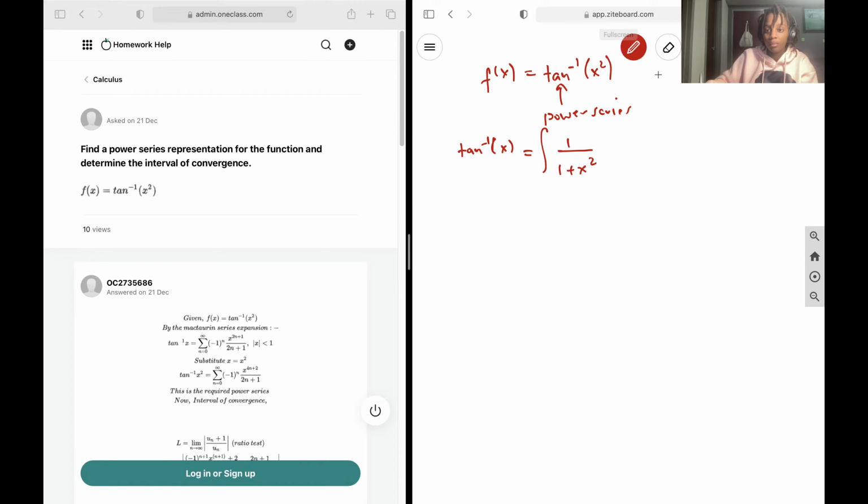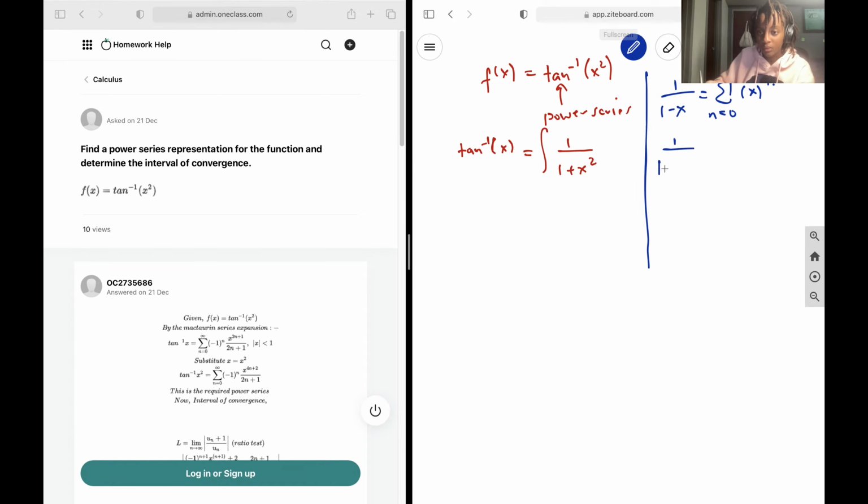And now we need to remember the cheat sheet, if you'd like to call it that, of 1 over 1 minus x is equal to the power series from n is equal to 0 to infinity of x to the power of n. So in the scenario where we have 1 over 1 plus x squared, let's rewrite it on this side.